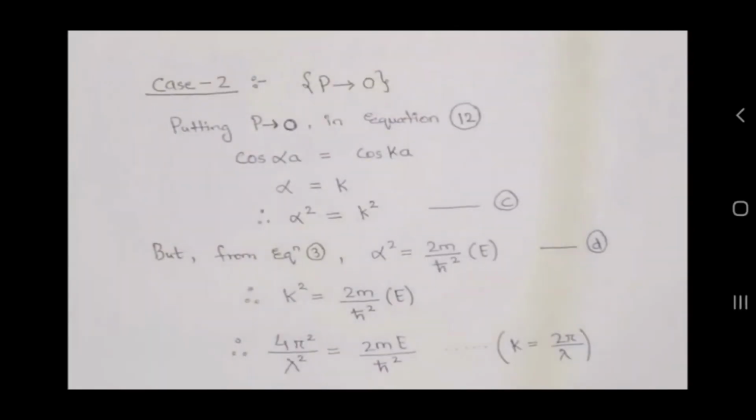Next we move towards case 2. In case 2 we put potential equal to 0, and after doing very simple mathematics we find the energy of the electron is equal to p square over 2m, which is just the kinetic energy of the electron. If we think deeply over it, it's exactly the same thing that we get in quantum mechanics for a free particle.